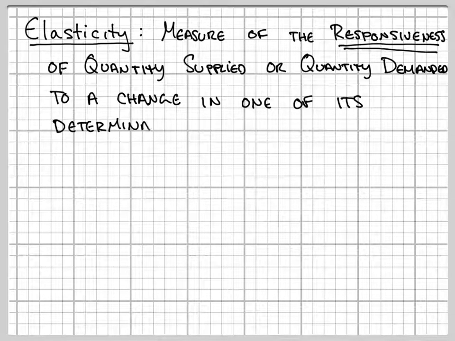And when we measure the elasticity, we're measuring how much quantity demanded or quantity supplied changes when one of these determinants changes. The most widely measured and most commonly reported elasticity is the price elasticity of demand. And that's the one we're going to talk about in this set of notes.